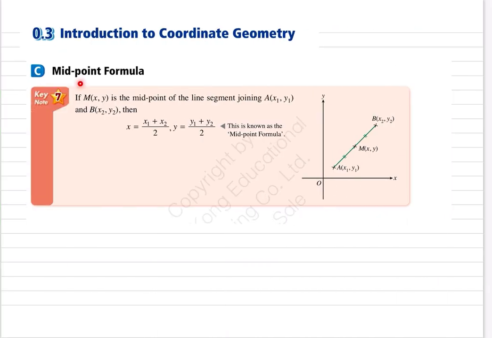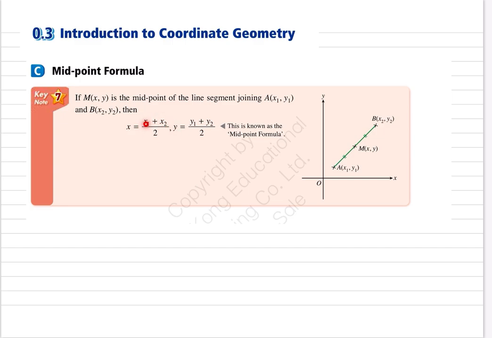And then we have the midpoint formula. Midpoint formula means that if I want to find the midpoint of, let's say, AB, the midpoint called M, how to find the x coordinate and the y coordinate? You can think of x as the average of x1 and x2, and y as the average of y1 and y2. If it's the average, then you have to add these 2 points.